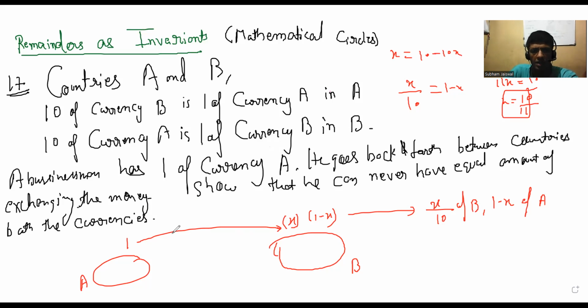Okay, so what I'm trying to do is, let's say he goes to country B, he has this 1 of currency A, he goes to country B, and he decides to take away X of that currency A and exchange it for currency B. So he gets X by 10 of currency B. Right, because he's in country B, so X of currency A will give him X by 10 of currency B. That's what I'm interpreting, right?